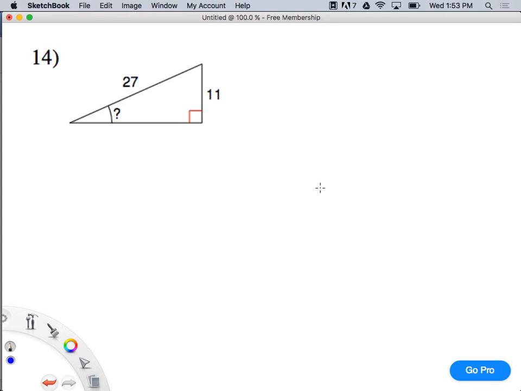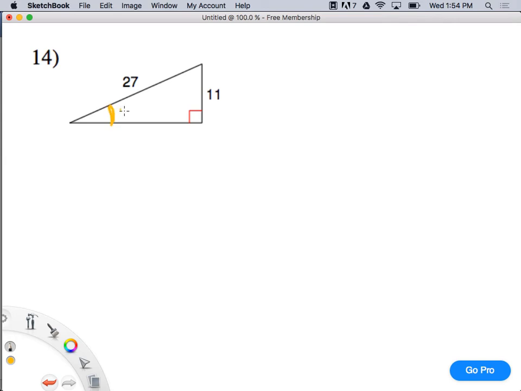Identify your angles, identify your sides, identify the trig function, and solve. Okay.